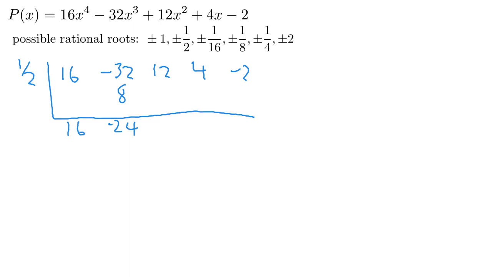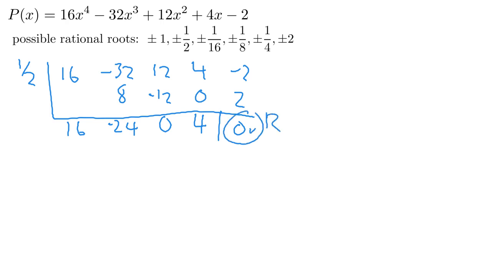Multiply. 1/2 times -24 is -12. Add it. 12 plus -12 is 0. Multiply. 1/2 times 0 is 0. Add it. 4 plus 0 is 4. Multiply. 1/2 times 4 is 2, and this is looking up. -2 plus 2 is 0. So we got it. Remainder 0.